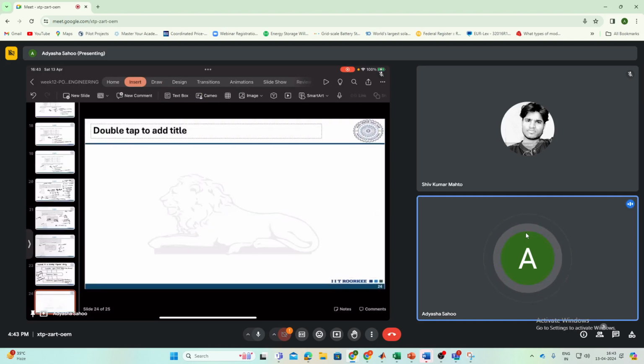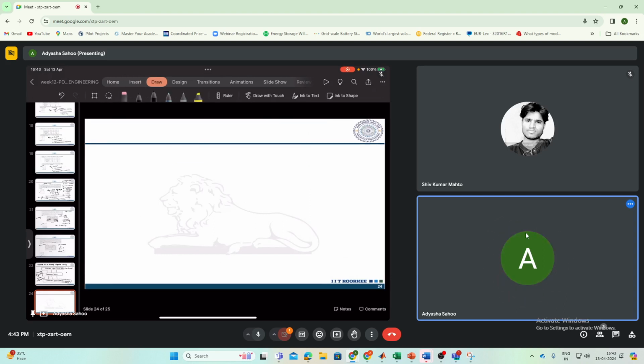So basically, we suggested that now, instead of having a monopoly in a system, this is the distribution system.